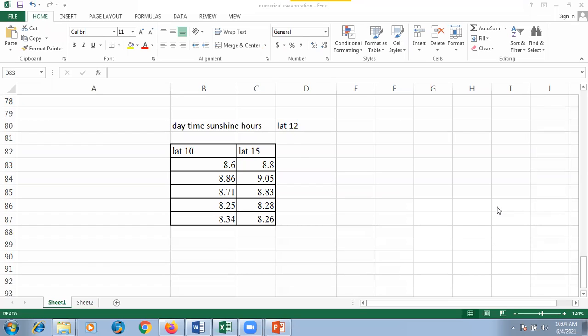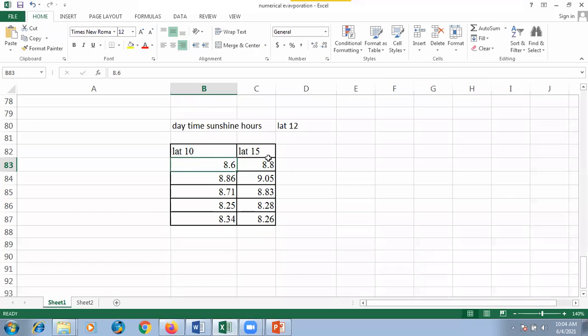Okay. So here, what we would do is the linear interpolation. You have latitude 10 and latitude 15. How to get for latitude 12, let us say. Now, what is the change in the value of sunshine hours? See, from 10 to 15 it is increasing.